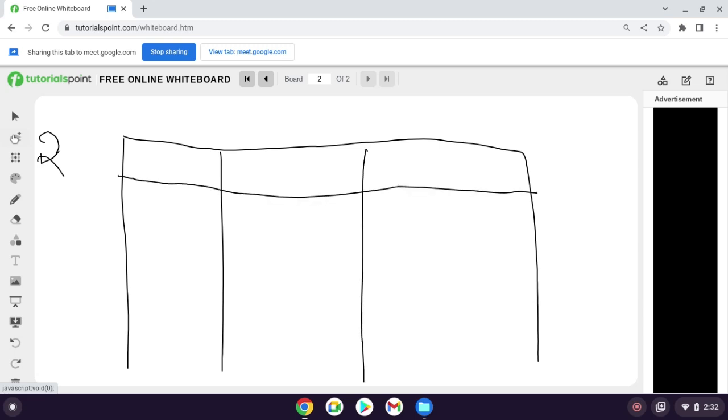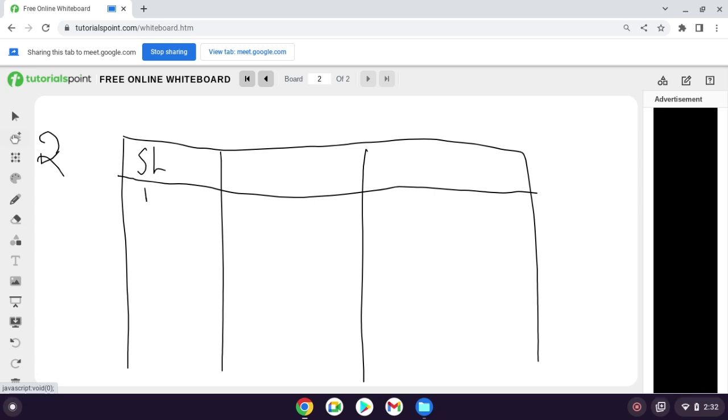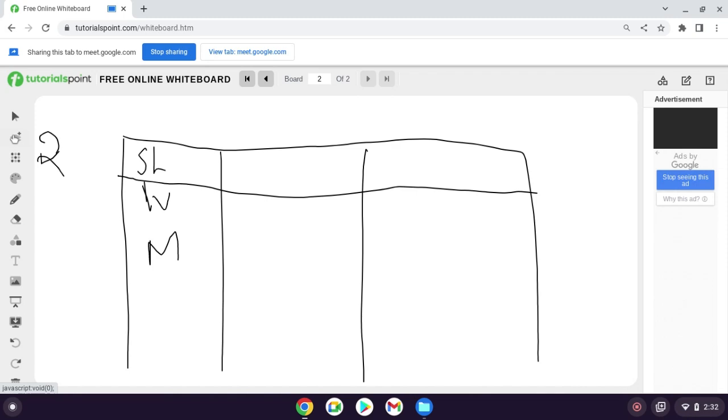Okay. In the shopper column, what do we have to write? We have to write the given data of W, M, B and G. You don't have to write it again and again. You just write W for woman, M for men, B for boy, G for girl.